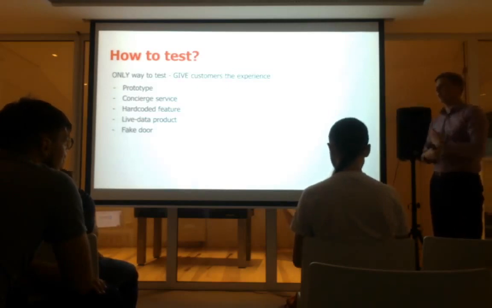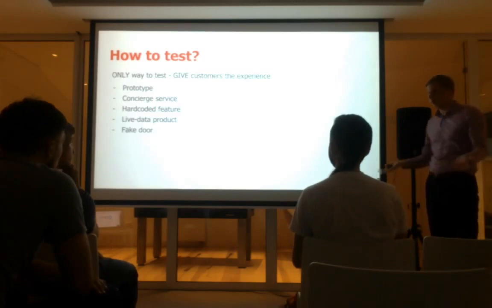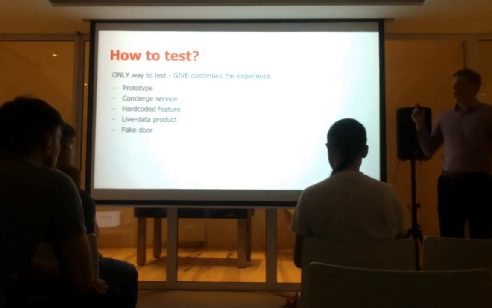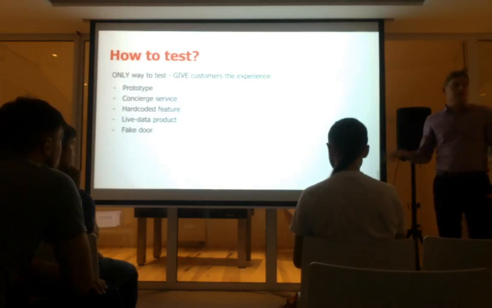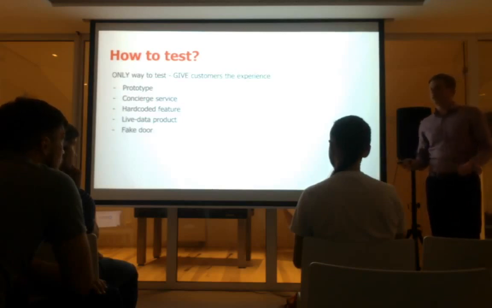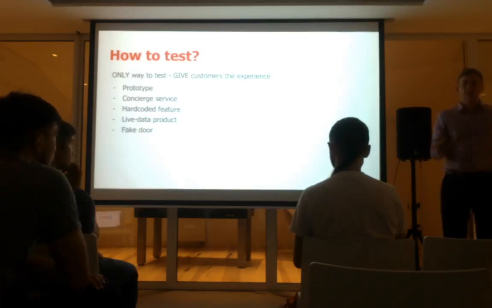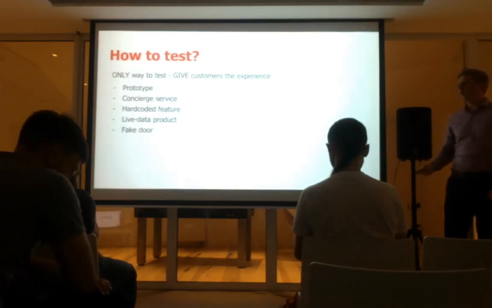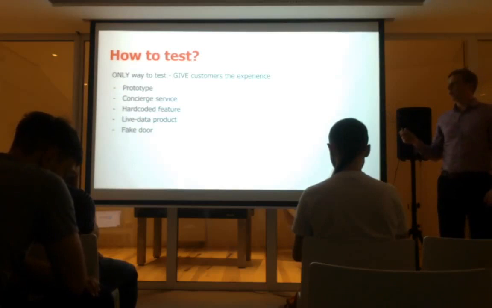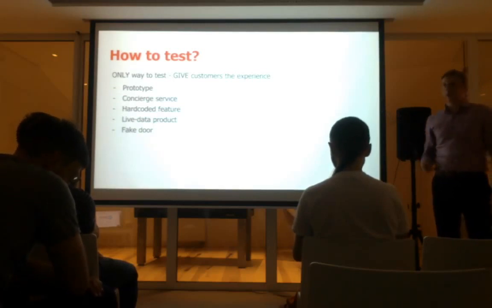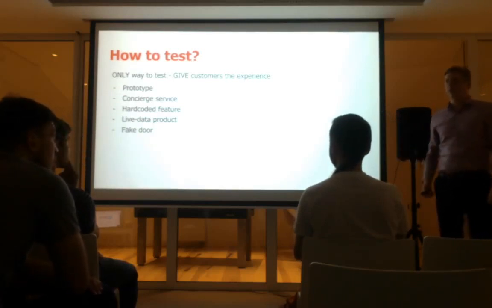You go shop for them. You don't build the functionality of shop. That's a concierge service. You can hard code a feature, build a landing page that pretends to be the feature. The best one, if you have the possibility, if you have some legacy systems that you can reuse, is live data products, and the one we use most often is Fitbit, that you guys are doing from time to time, right?